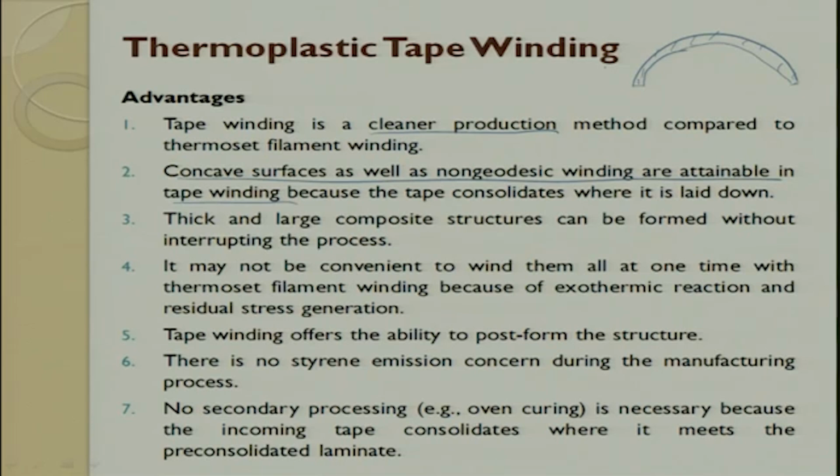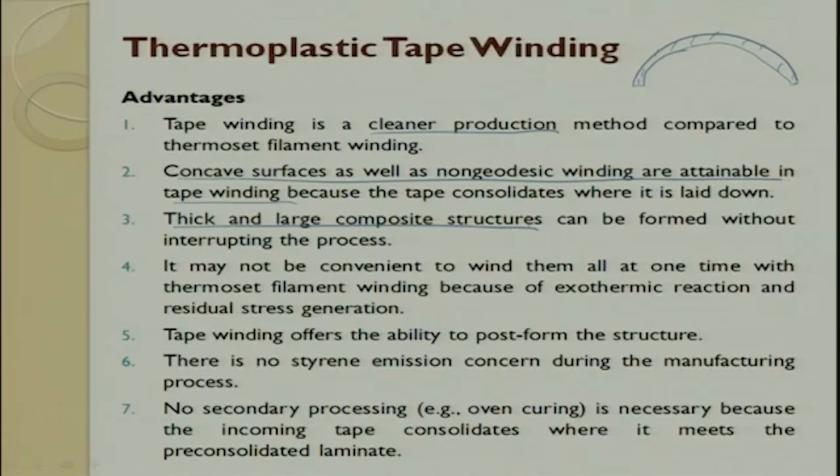Thick and large composite structures can be made, even a meter long components are being made, 10 meter long pipes have been made, people have demonstrated it, and very complex free form surfaces also people have demonstrated, but it really needs skill.